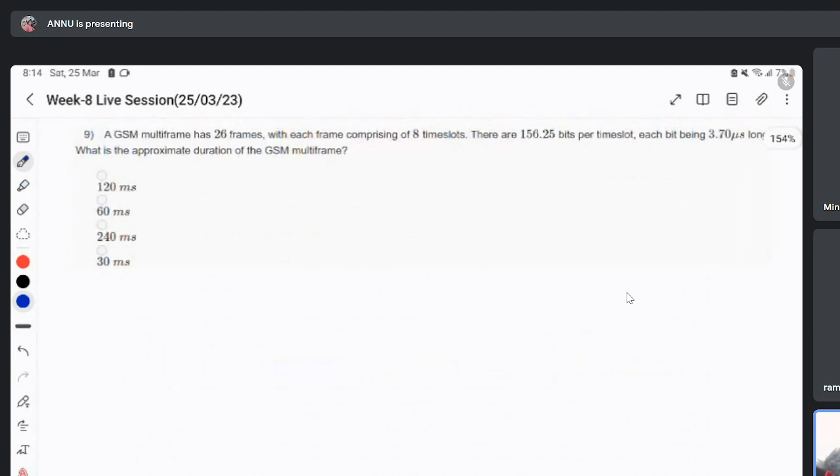Now the next question. A GSM multi-frame has 26 frames, with each frame comprising 8 time slots.